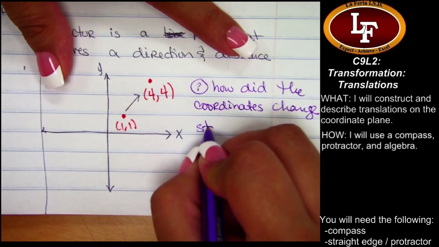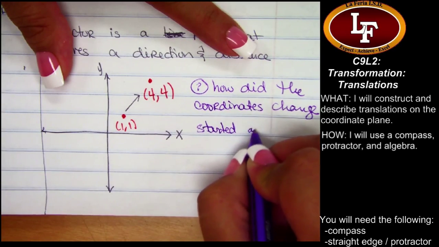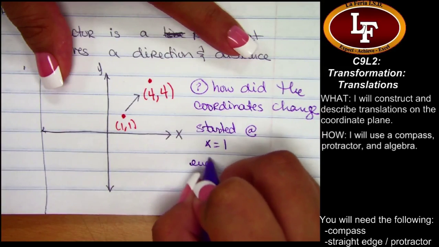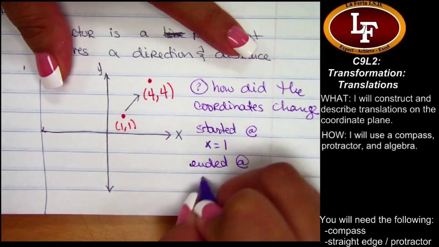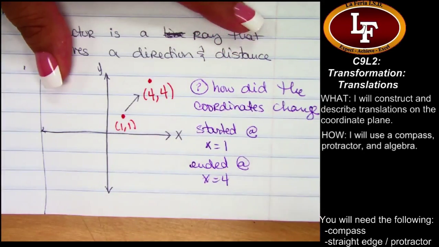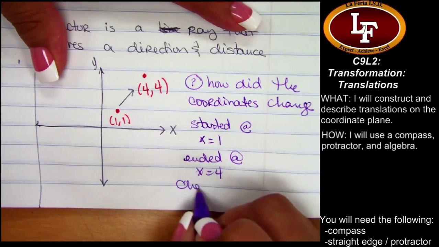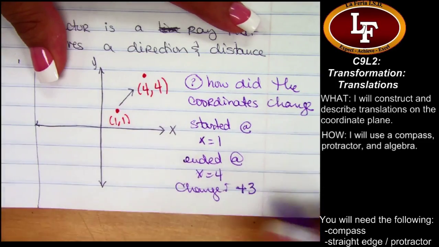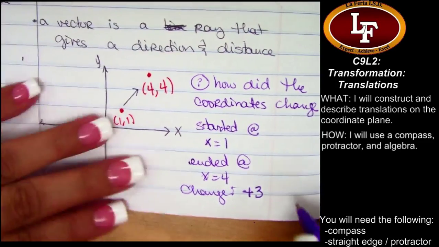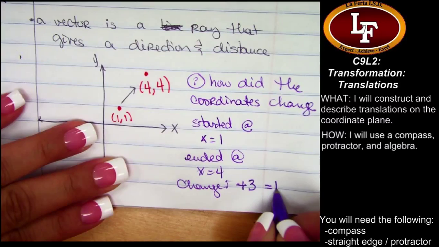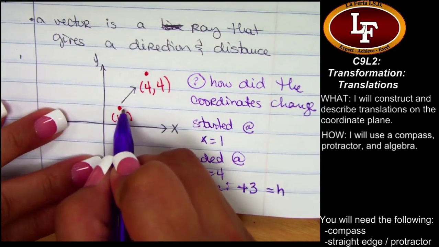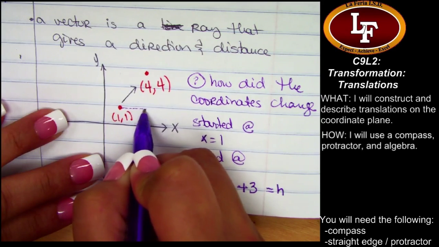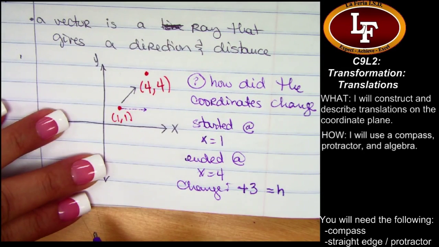So we started at x equals 1, and we ended at x equals 4. So our change was an increase of 3. And so this is our h value. So that means that we translated to the right 3 units to get to 4.